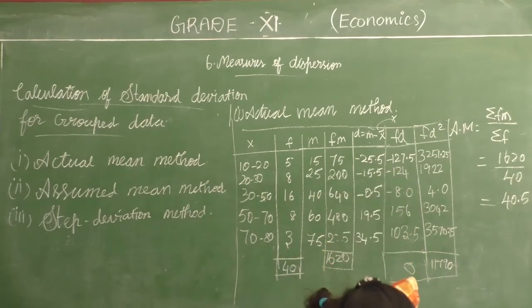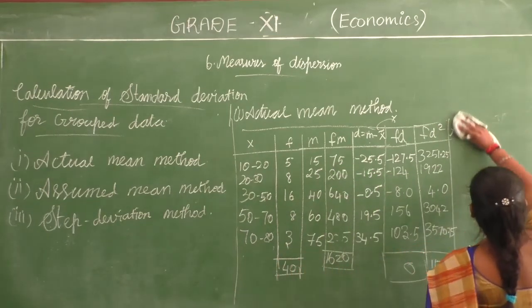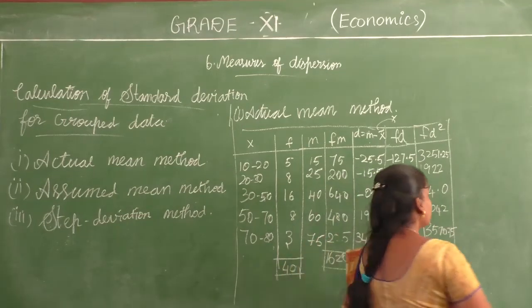Alright. Now we found the summation of FD squared, and you have to put it in the formula for finding your standard deviation. Right? What is it?